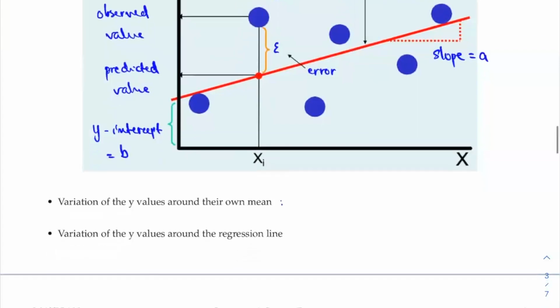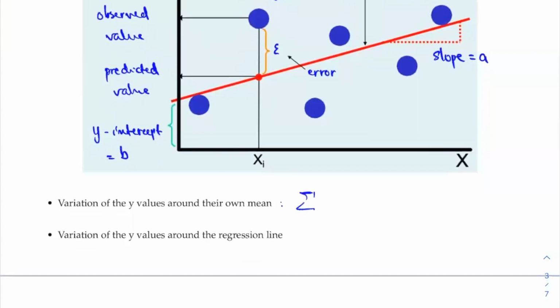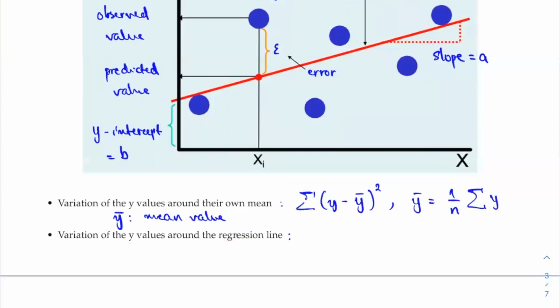So this variation is the sum of y minus y bar squared, where the mean is equal to 1 over n times the sum of y. It's just the average over the number of data points that we have. In this case, I call y bar the mean value or average value.